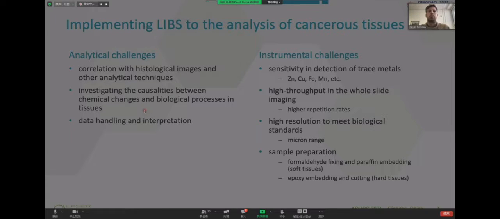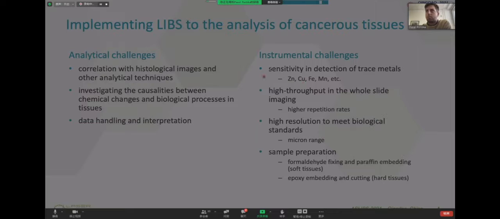So you need a lot of samples and replicates. This takes a lot of time in measurement and also in processing and preparation of those samples. And doing some simple correlation with histological images is the least requirement that we should provide, and that's what I'm going to show.